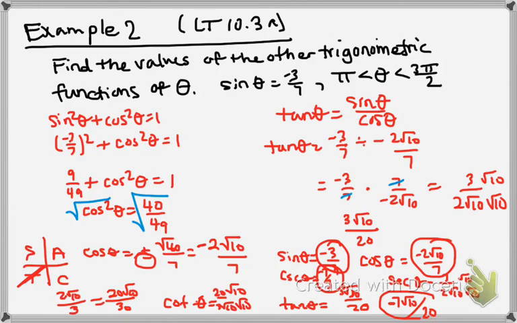Secant is negative 7 square roots of 10 over 20. And then tangent is 3 square roots of 10 over 20. And cotangent is 2 square roots of 10 over 3. And those are my 6 trigonometric values using the identities to find these values.